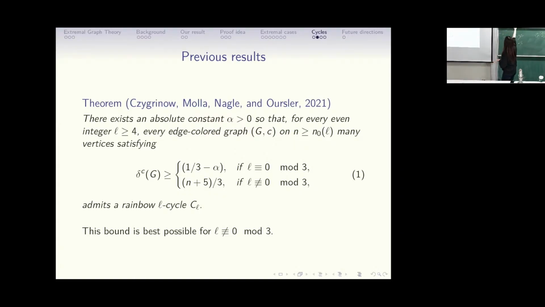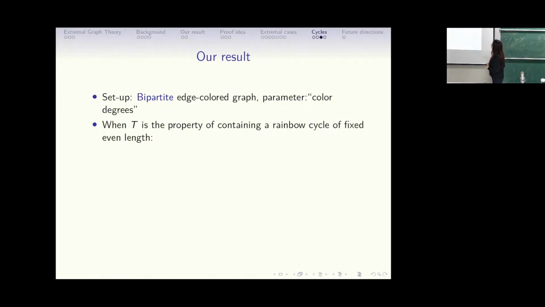Recall this example is quite different from the Turán bound. We are also working on the case where we focus on bipartite edge-colored graphs, and still focus on the parameter of color degree. Then what is the color degree needed for the existence of a cycle of length 2k?